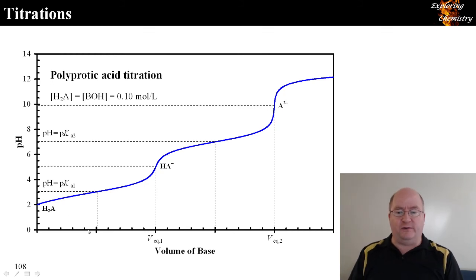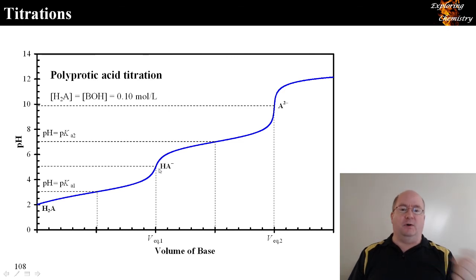At the half equivalence volumes for both Ka, the first equivalence point and the second equivalence point, pH equals pKa1, pH equals pKa2. The only pH on here we can't actually calculate is the solution of HA minus, and we looked at that the other day because HA minus is amphiprotic.